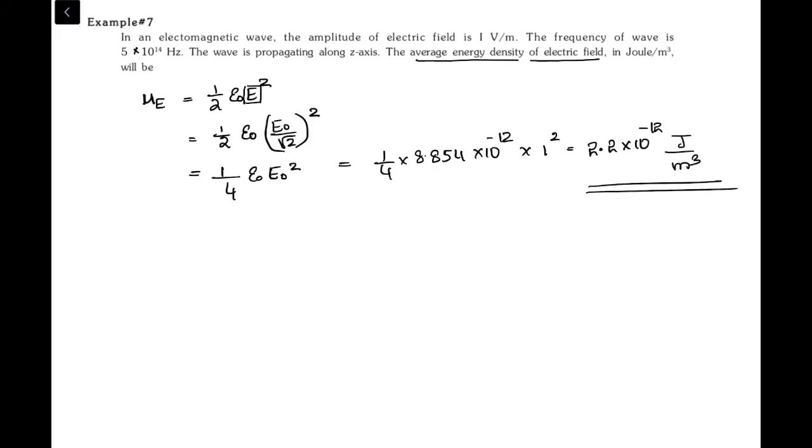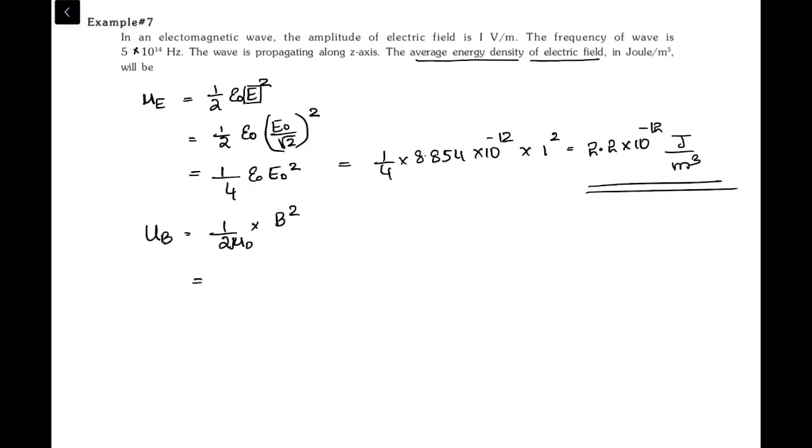Okay, so in the question they have asked that much only, fine. What if they are asking the average energy density of the magnetic field? What is the formula? In that case, the average energy density due to a magnetic field is 1 by 2 mu 0 in the denominator into B square in the numerator.